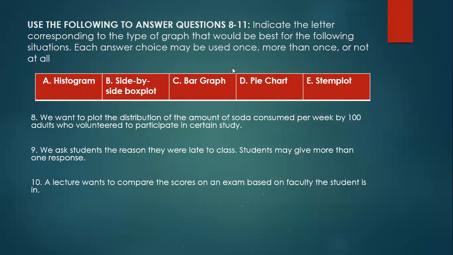You could compare the maximum scores for persons in different faculties, the minimum scores, and the median values. This is how your exam is going to be, guys. You have to reason out why you choose this, why this is the best thing to choose, and so forth.